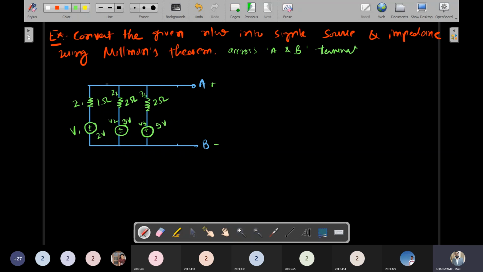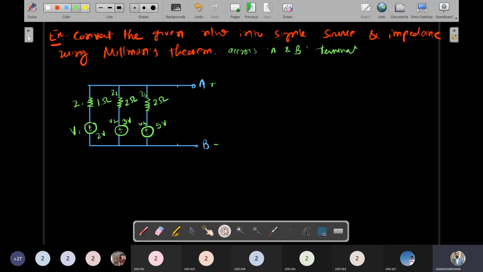We need to convert this network. As per Millman's theorem, this is V1, V2, V3. All voltage sources are in parallel, along with Z1, Z2, Z3 in series with each and every voltage source respectively. That combination, this full network, can be replaced by Vm and Zm.